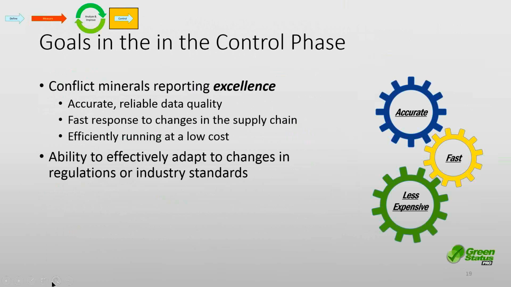You also want to make sure you are ready for any changes in, say, the CFSI standard smelter list. Any industry changes you want to be able to adapt to and keep running, again, at a low cost. So now we've covered the goals of all three phases. Let's talk about some best practices that, if you're in a specific phase, you should specifically look at when evaluating vendors.